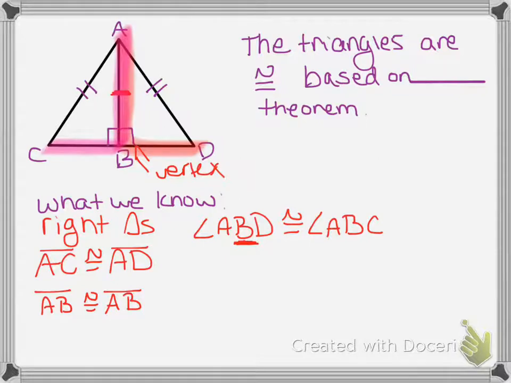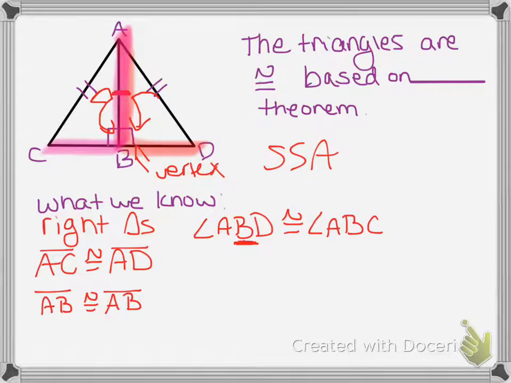Alright, so now based on what we have, we can determine if the 2 triangles are congruent and what theorem. So I'm looking at my order, and the first thing I see is I've got side, side, angle. And on the other side, it's side, side, angle. Well, you know that we can't use that because we can't use SSA to prove congruence.